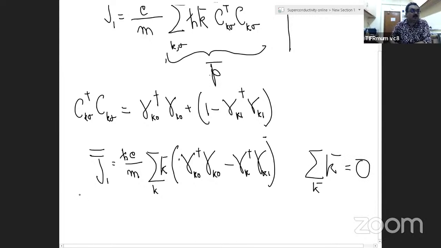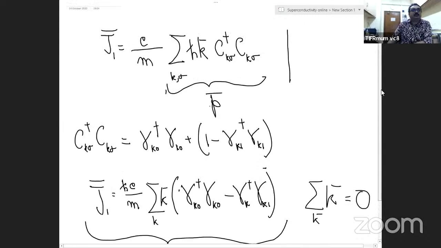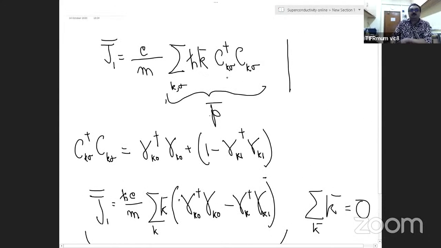All right, now you see this expression I could have just written intuitively without doing the calculation. Here, for example, what is the total momentum? I am calculating the total current, and the total current is the current carried by the up-spin electron plus the current carried by the down-spin electron.